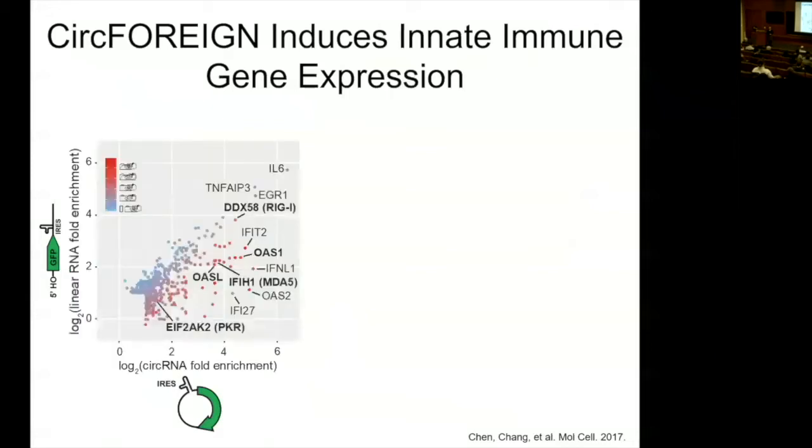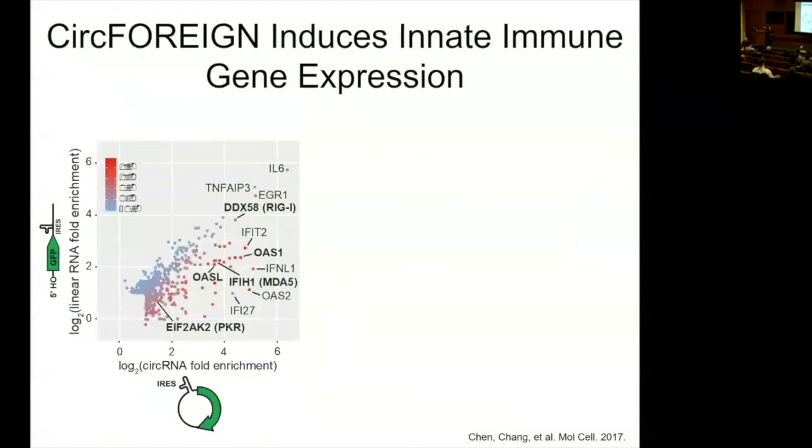We performed RNA sequencing where each dot is one of the genes that's found enriched in either CircRNA transfection compared to mock transfected cells, or linear RNA transfection compared to mock transfected. And the more red the dot is, the more enriched it is in the circular RNA transfected cells compared to the linear RNA transfected cells.